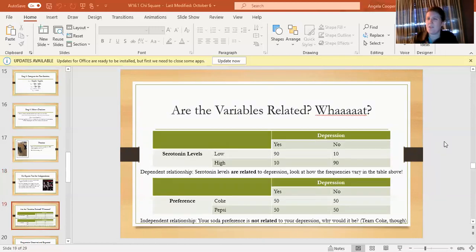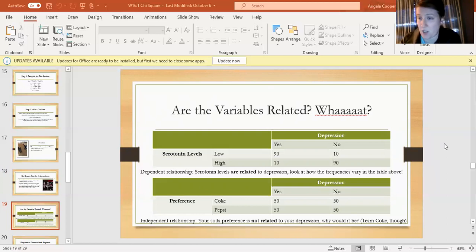So when it comes to variables being related, if you're wondering what that looks like, we look at these two separate examples. At this top one, we ask people, do you have depression? Yes or no. And then we measure their serotonin levels, and we put those in a categorical measurement where they're characterized as having either low or high levels of serotonin.